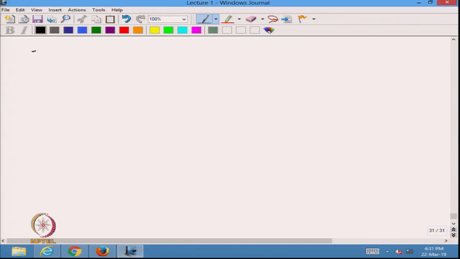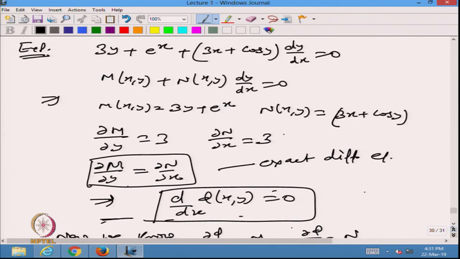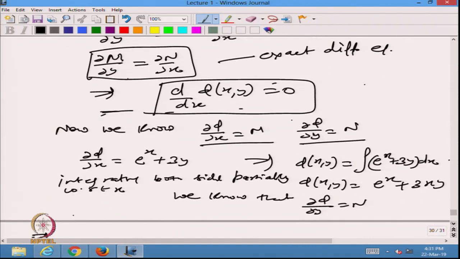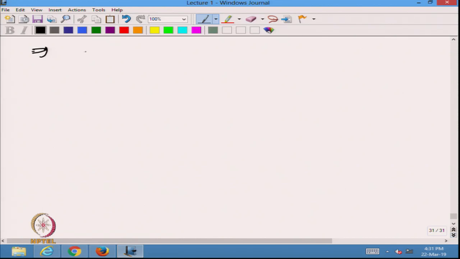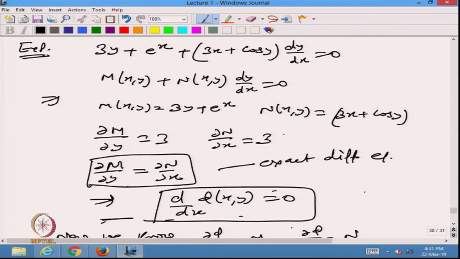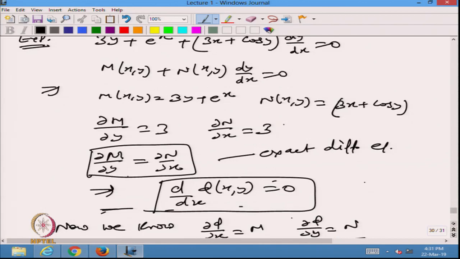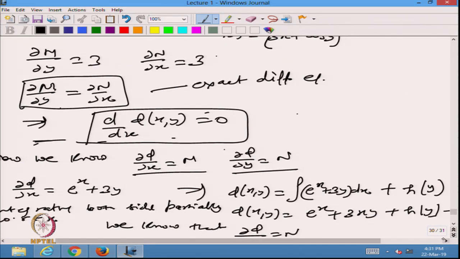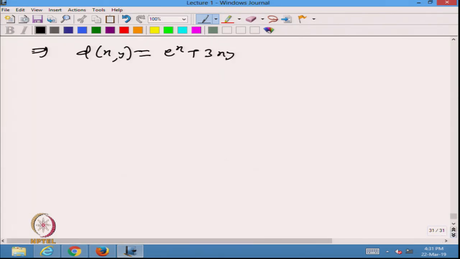From the previous one I have phi(x,y) is equal to e^x plus 3xy plus h(y).